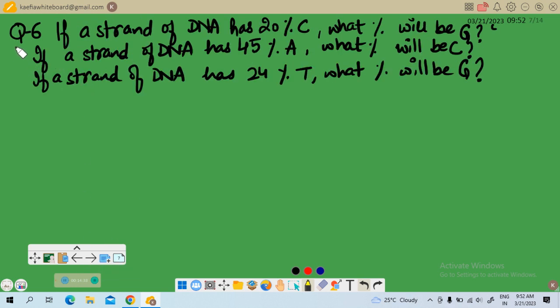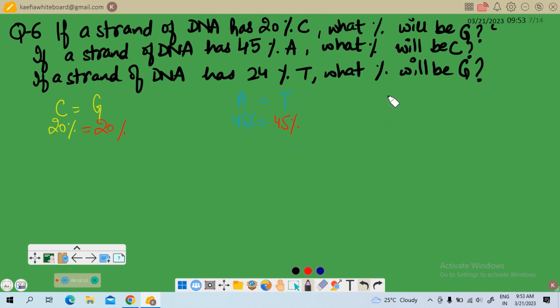If a strand of DNA has 20% cytosine, so we all know C will be equal to G. 20% cytosine is there, so G will also be 20%. Okay, then if a strand of DNA has 45% A, so if A is 45%, T will also be 45%.